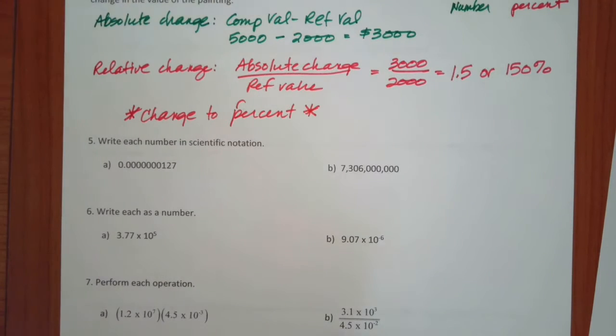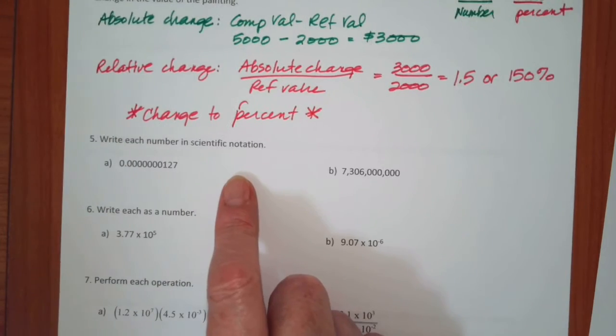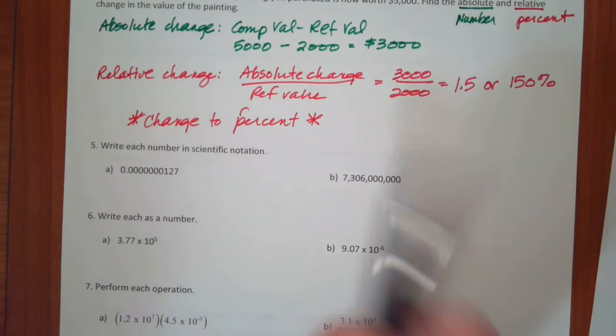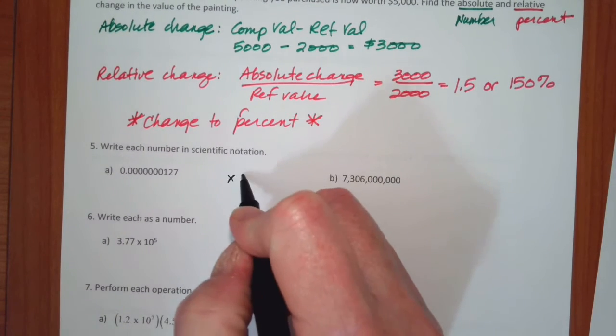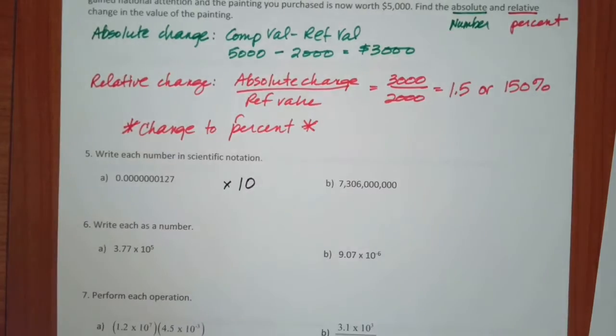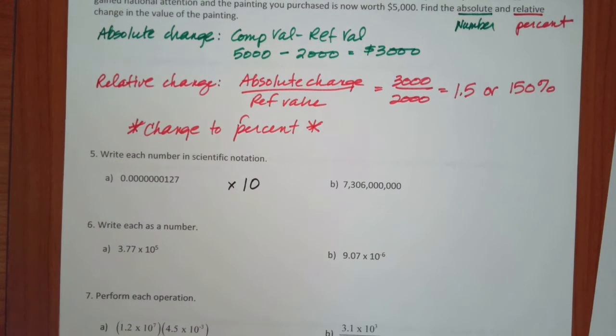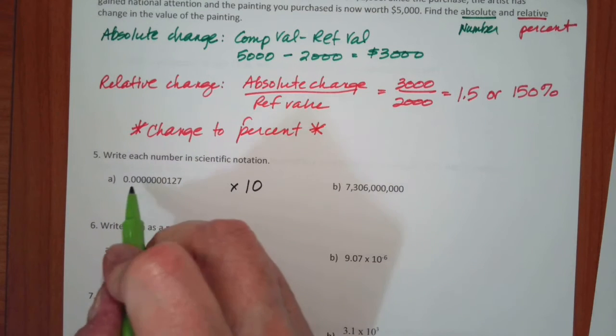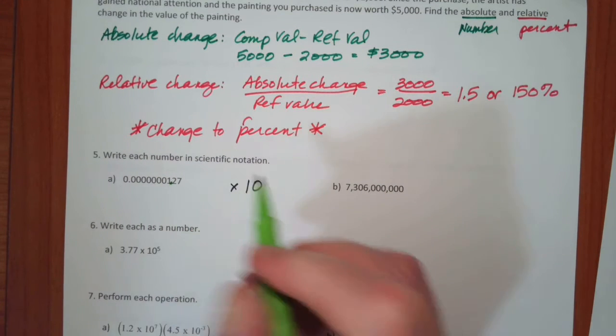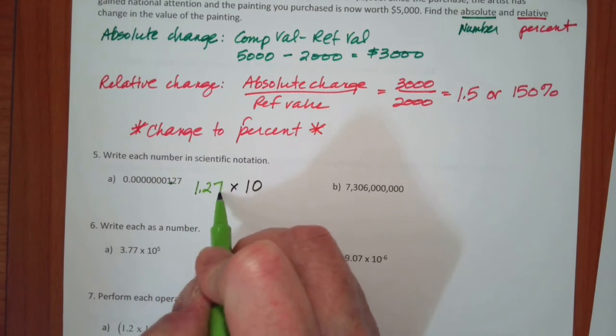Okay, scientific notation. Again, make sure you know how to use your calculator for this or know how to do it on your own. If I want to write each of these numbers in scientific notation, I know I'm going to start out with something times 10 to some power. Now, how do I know what number goes in front? I need to move the decimal from here to here, so this is going to be 1.27.